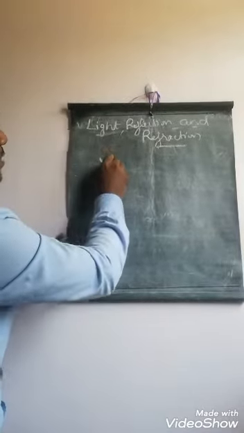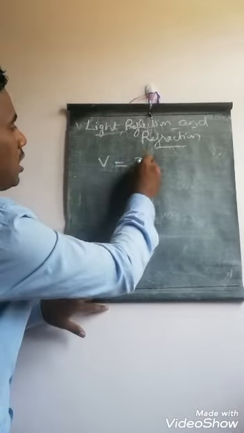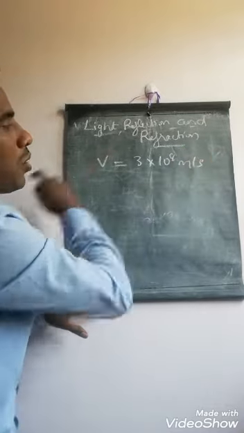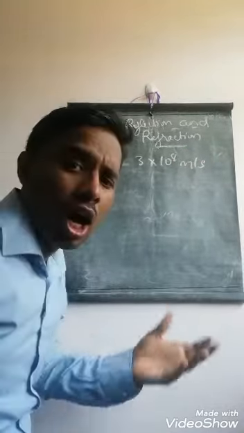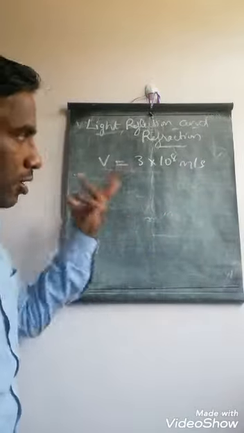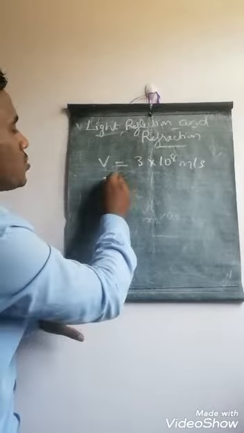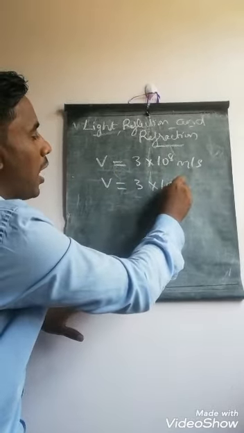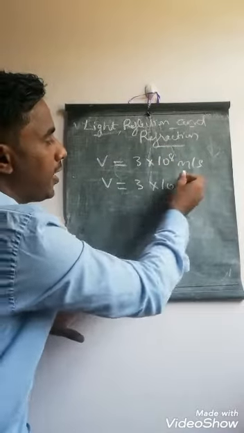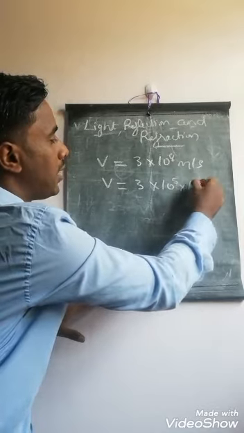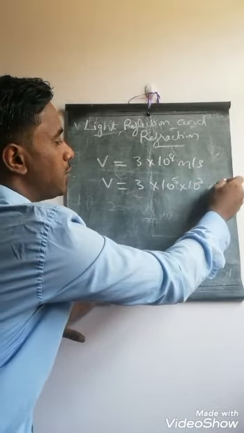So speed of light is given by v is equal to 3 into 10 power 8 meters per second. So you know that 1 kilometer is equal to 1000 meter. So if I have to express it for our basic understanding, the velocity of light will be equal to 3 into 10 power 5 into 10 power 3 meters per second.